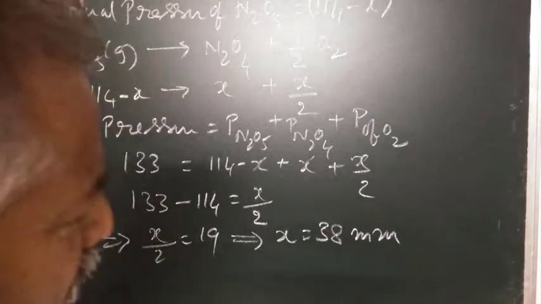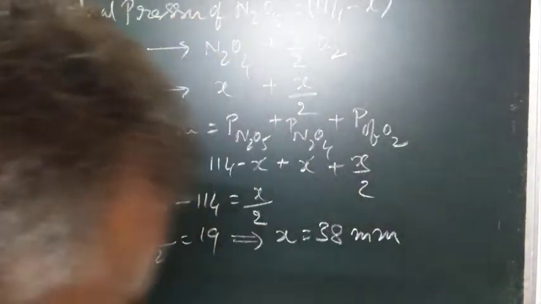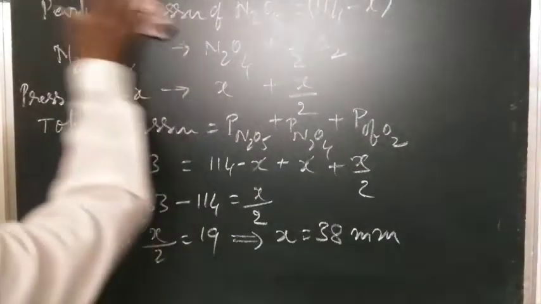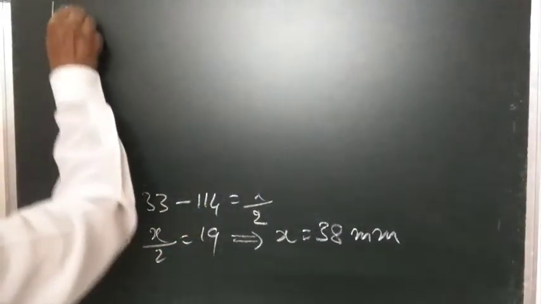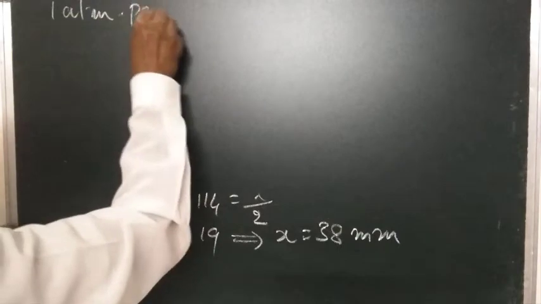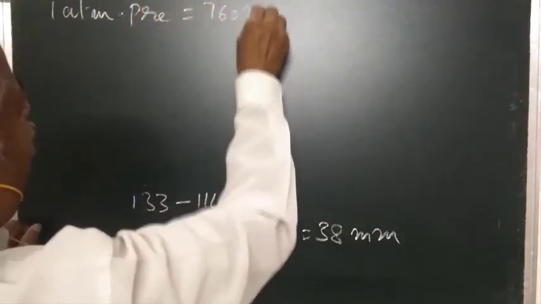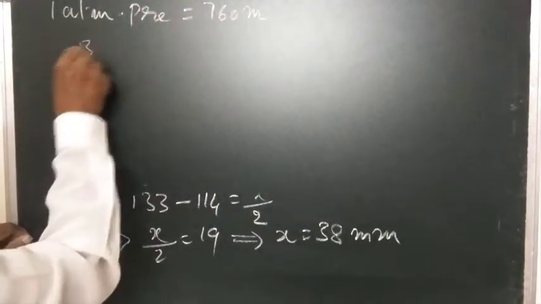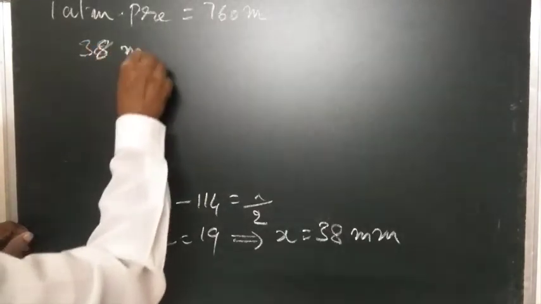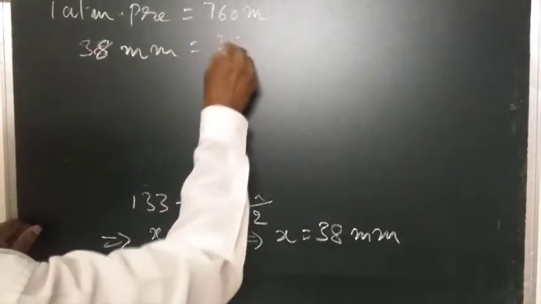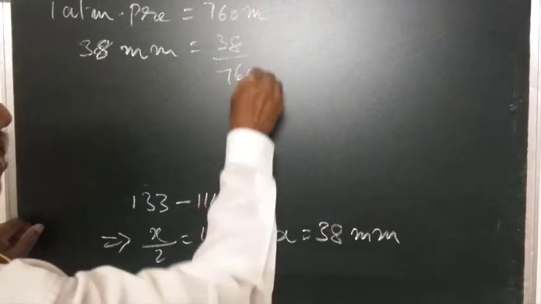Now we have to convert this millimeter pressure into atmospheres. So we know 1 atmospheric pressure equal to 760 mm. Therefore 38 mm equal to 38 by 760.